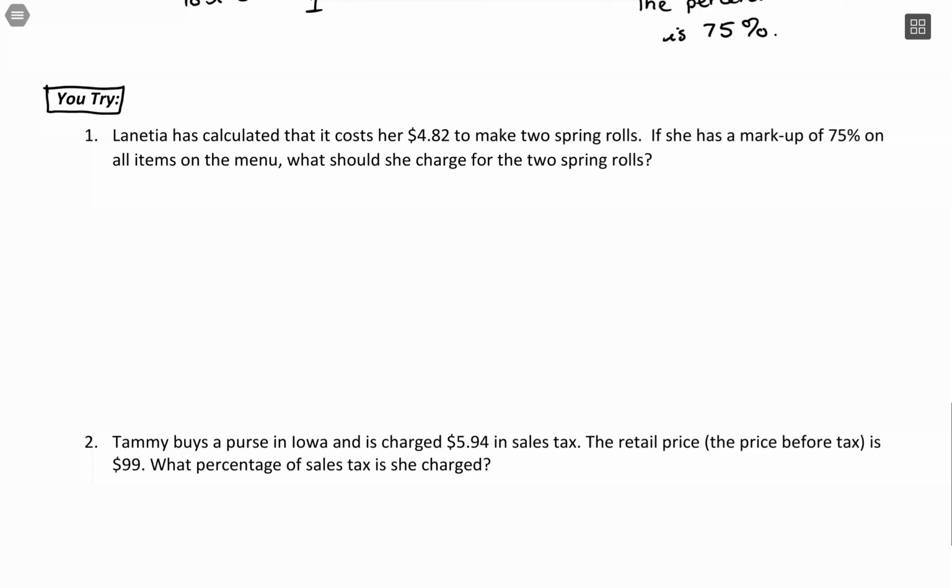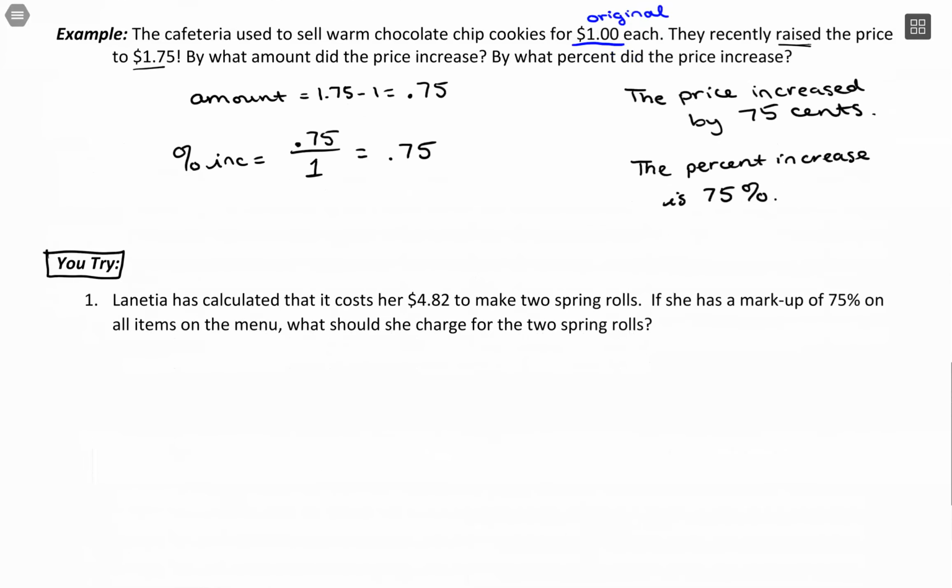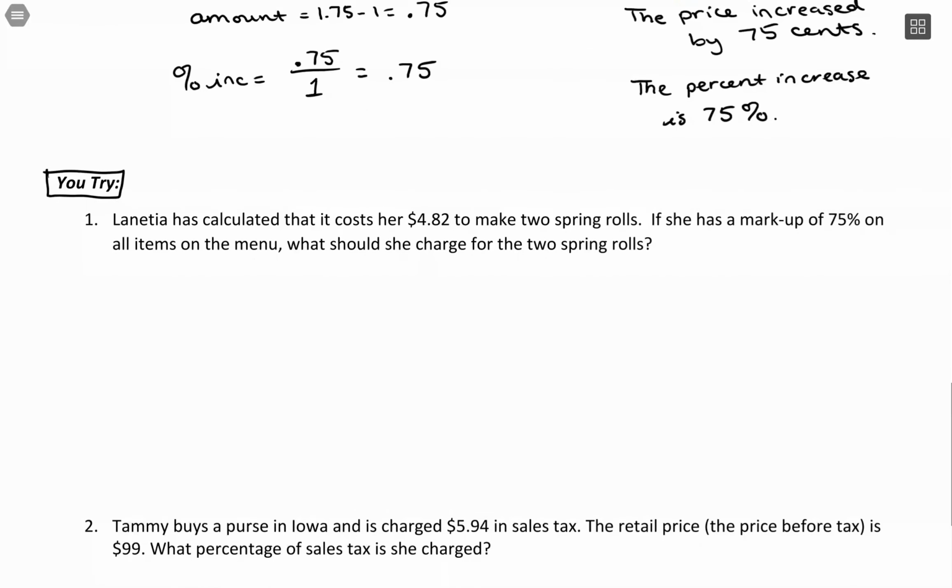So if I start the solutions here, this first one we have Lanisha has calculated that it costs her $4.82 to make 2 spring rolls. If she has a markup of 75%, just like they did in that cafeteria scenario, and she's doing that markup on all items on the menu, what should she charge for the 2 spring rolls?